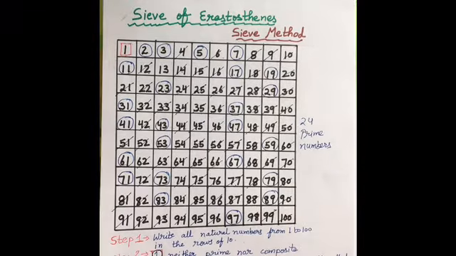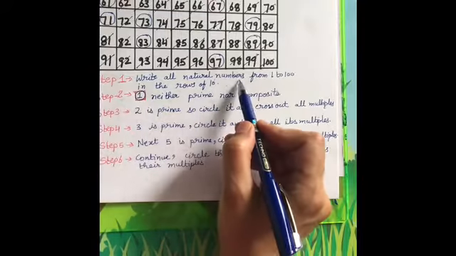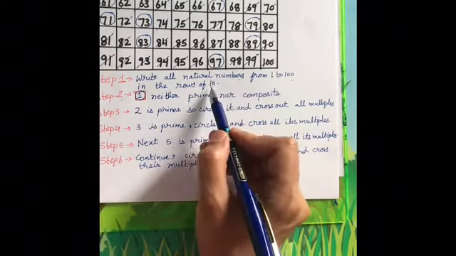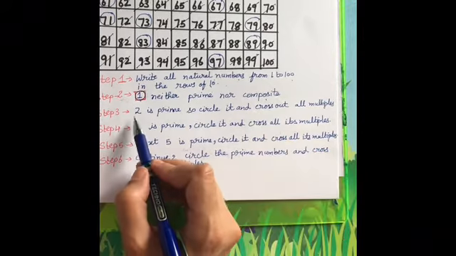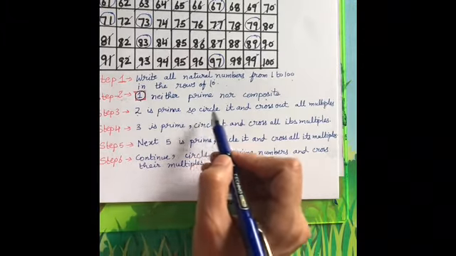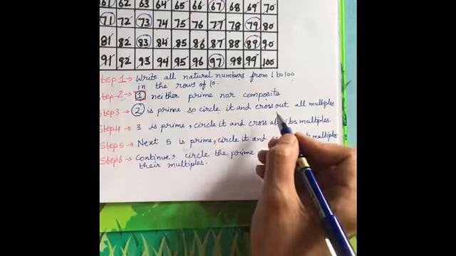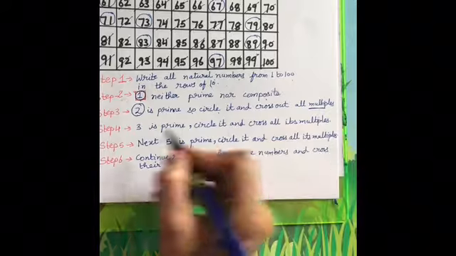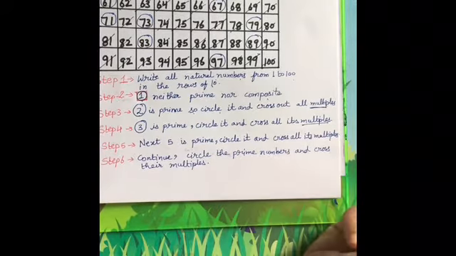Fine. So let's see what we have done. Write all the natural numbers from 1 to 100 in rows of 10. 1 is neither prime nor composite. Step 3: 2 is a prime number, so circle it. We circled 2. Circle 2 and cross out all its multiples. Then circle 3, as it is a prime number, and cross out all its multiples.